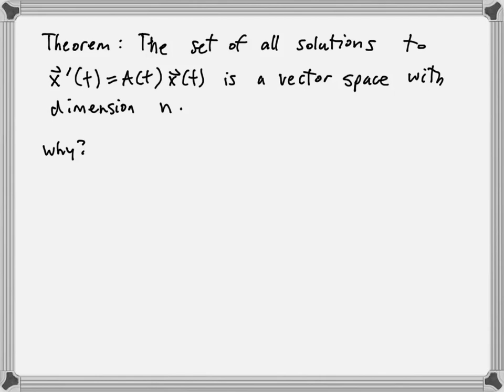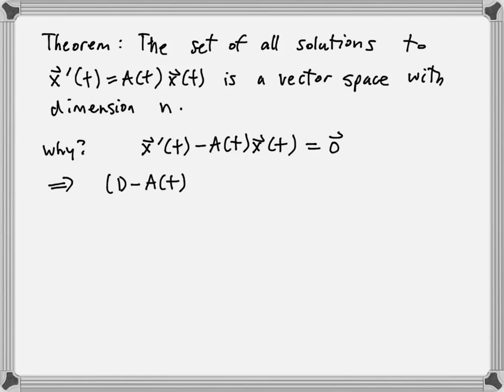So what I did was I rephrased it like this, moving everything to one side, and I get this, which is the same as D minus A of t times x of t is equal to 0.